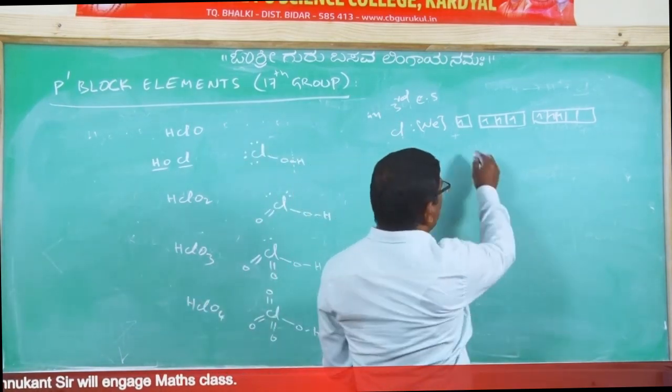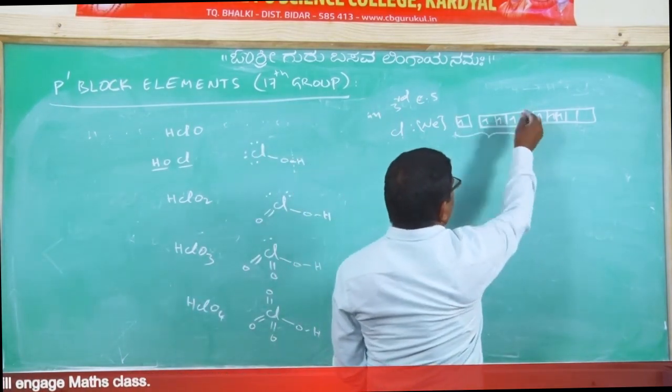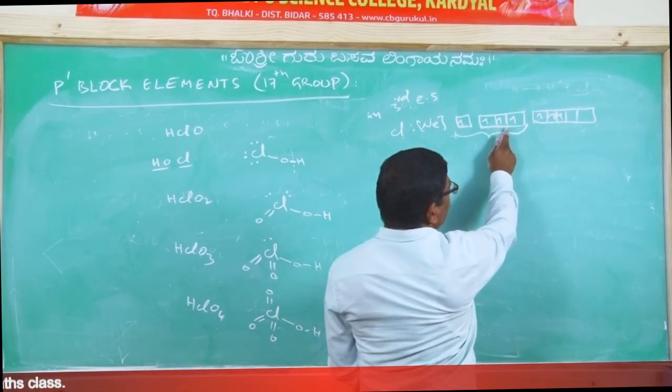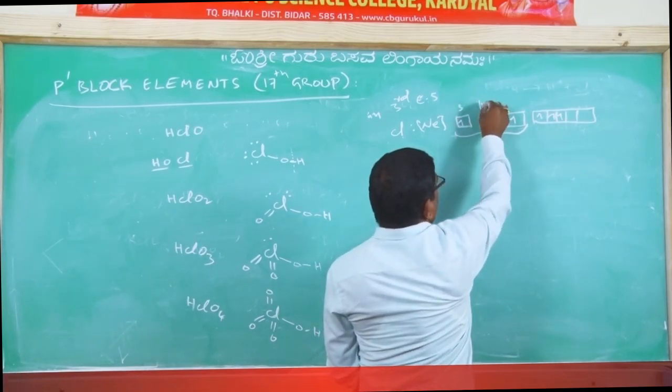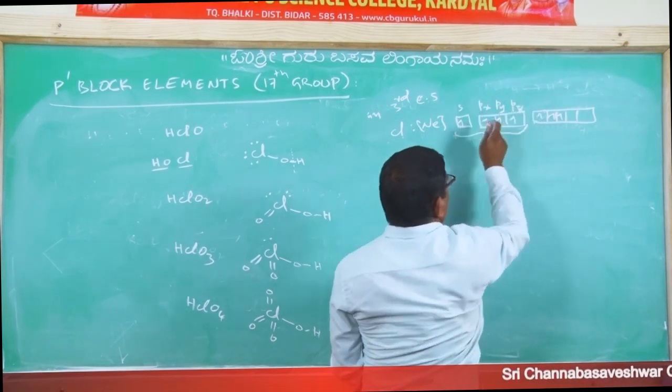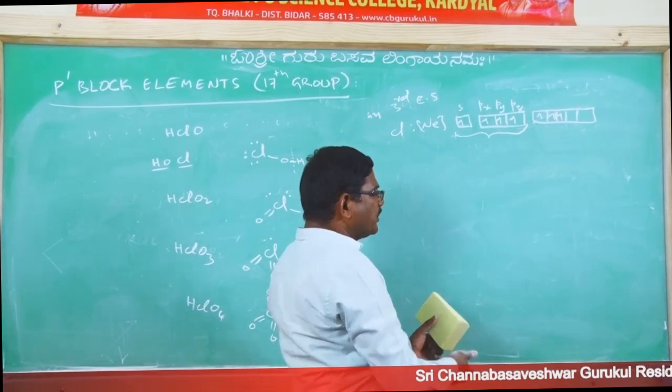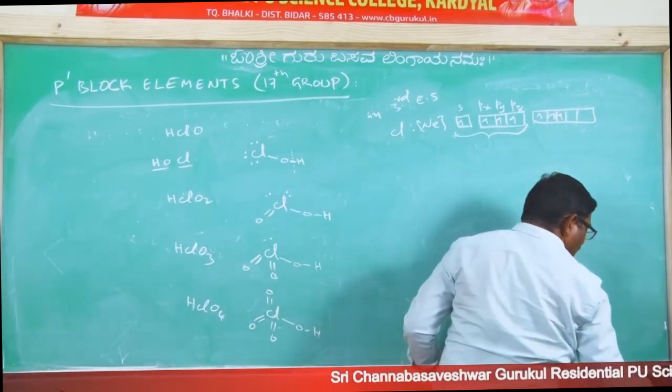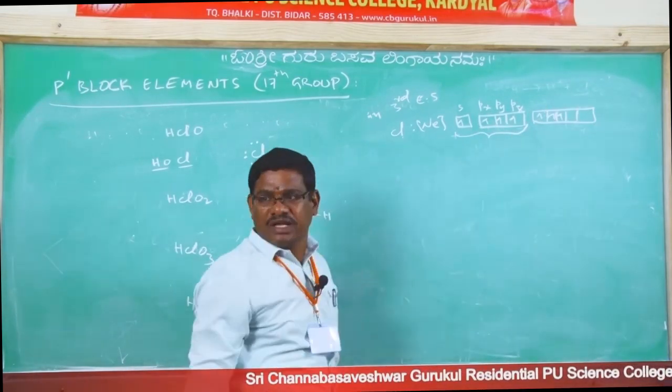Correct? 4 bond pairs undergo sp3 hybridization. It is s, px, py and then pz. Therefore they undergo sp3 hybridization, with 3 unpaired electrons in the d orbitals only.